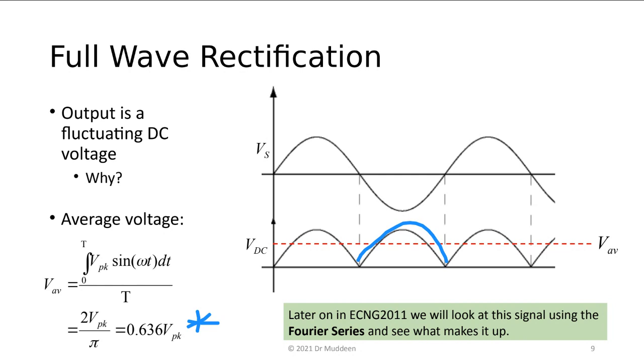Later on, we will come across this signal again, and we're going to use something called a Fourier series in ECNG2011. Those of you who are doing that will see, when you apply the Fourier series, the DC component coming out, and there are some fluctuating AC components in here as well, strangely enough.